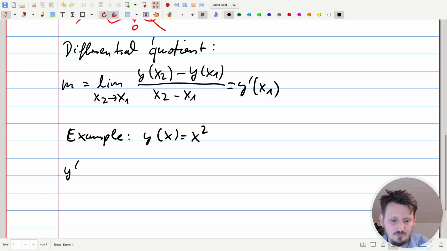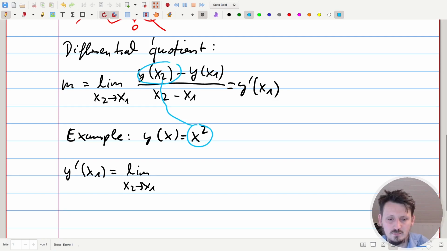So we can directly use this derivative way to write that: y prime of x1, and then of course we have to insert our limit here, x2 tends to x1, and then we have to insert this value into this function here, y of x2, and this gives then x2 squared, and the same we have to do here, minus x1 squared divided by x2 minus x1.